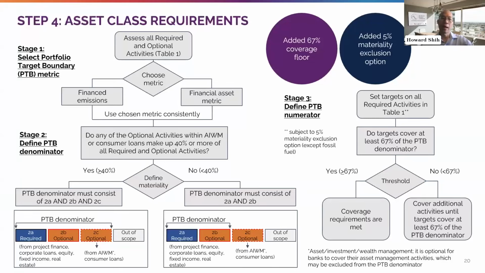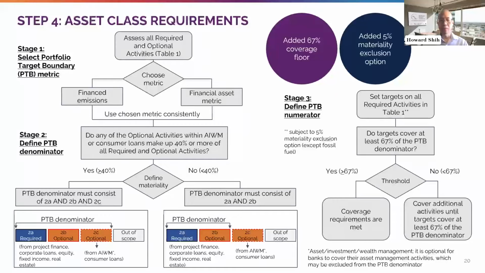So if I'm setting targets on all required activities, and I also meet that 67% coverage floor, then you are meeting the minimum requirements. However, if you're setting targets on all of your required activities and you don't meet that 67% floor, then you will need to go back and set targets on additional activities until you meet that 67% threshold.